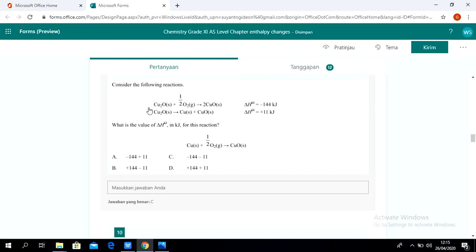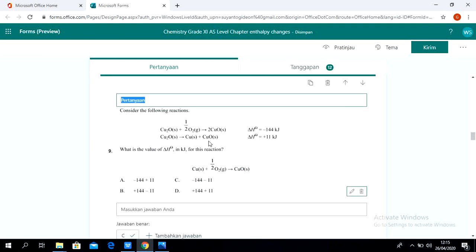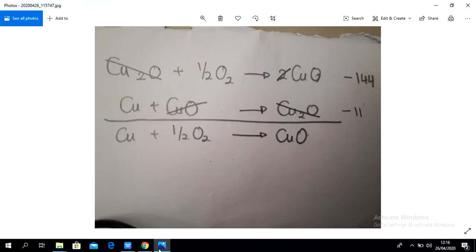What we can do here, the copper is on the left hand side, so we have to change the orientation of this equation. So copper plus copper 2 oxide becomes copper 1 oxide. Because the orientation changes, the sign also changes to negative.